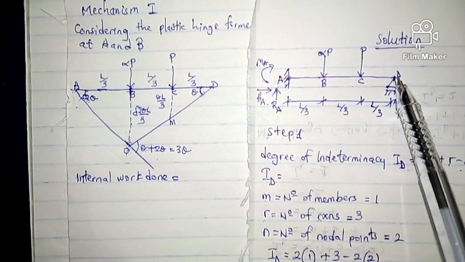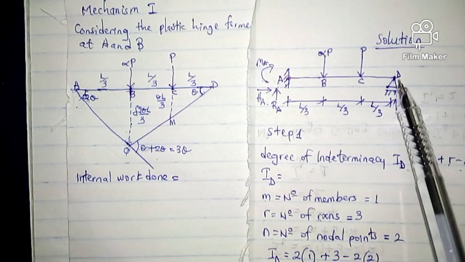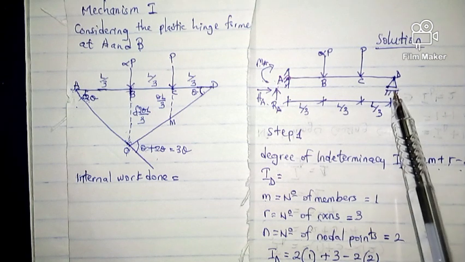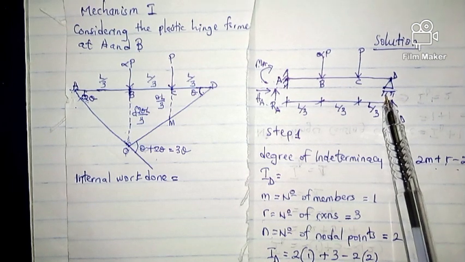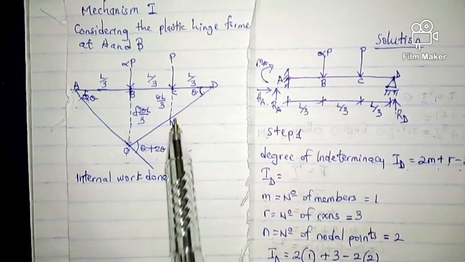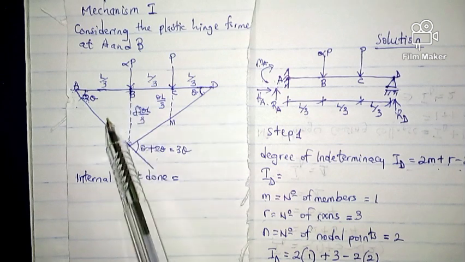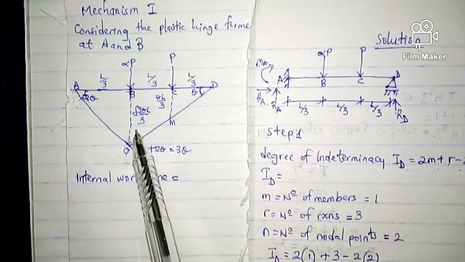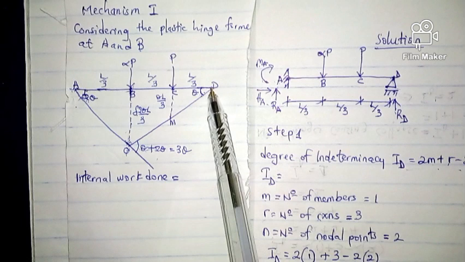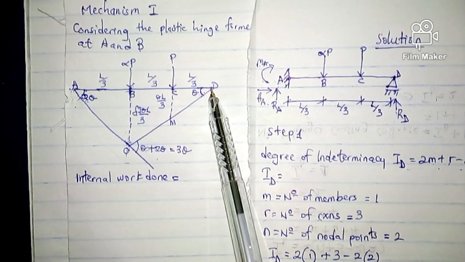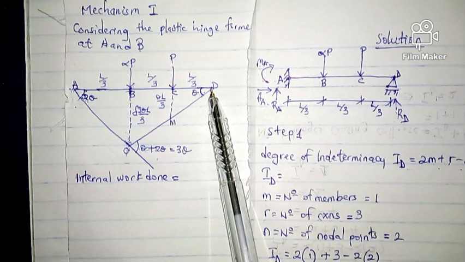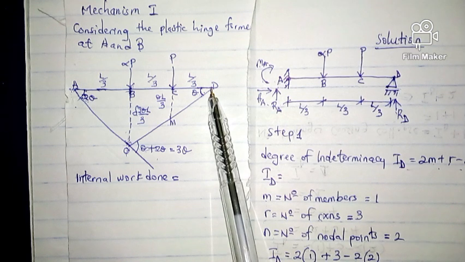So no hinge is going to be formed at this support. So when you are calculating the internal work done, you add up all the angles here, but this one is not going to be added because a natural hinge already exists at this joint, at this point D.